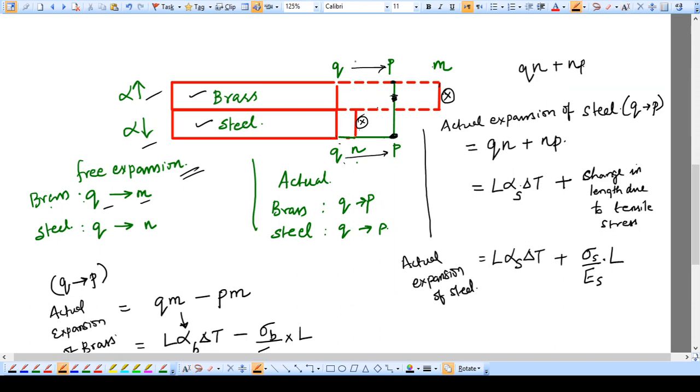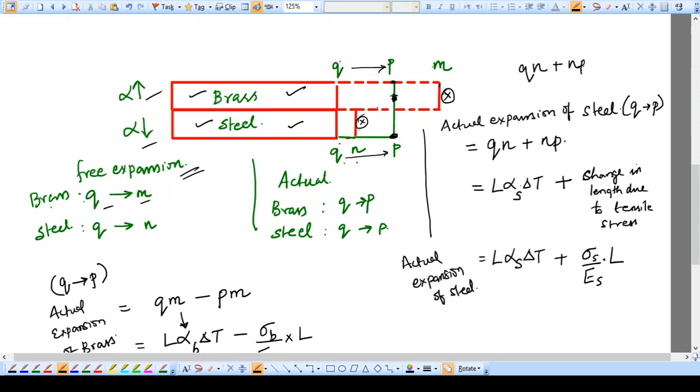You have to understand this concept clearly. See here the body is brass and at the bottom you are having steel. If they are separate or not rigidly fixed, what happens?